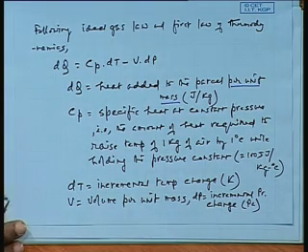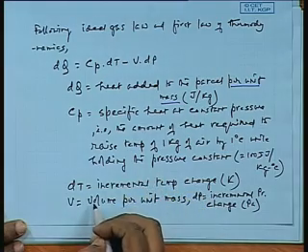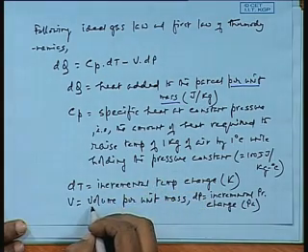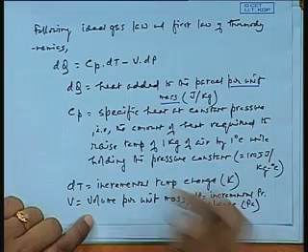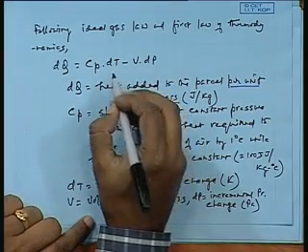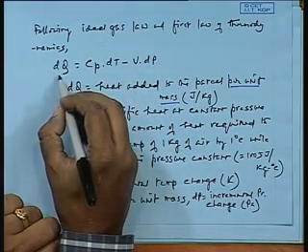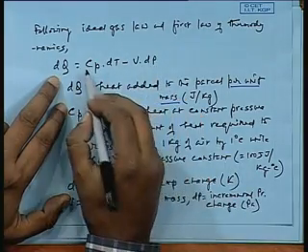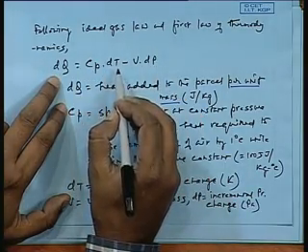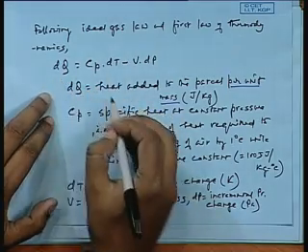So, this is a very standard equation: dq plus V dP is equal to Cp into dT. What is this total heat added?